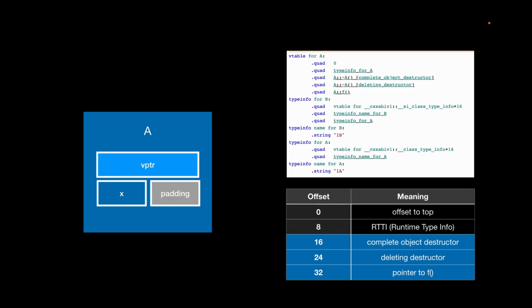The vptr is going to point into this vtable, and when the compiler generates the code, it is made to point to the first entry, which is the complete object destructor.